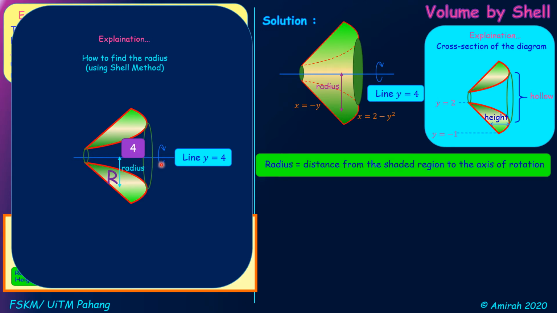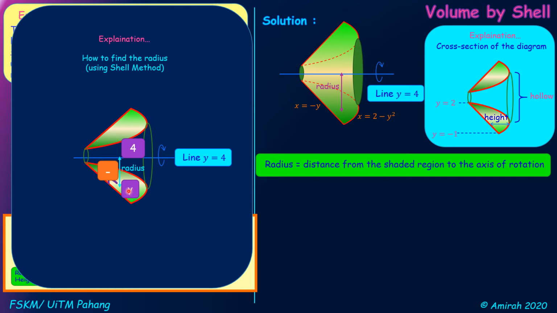Let's write 4 here for the axis of rotation because y equals 4, and let y represent the original shaded region. When we compare, the axis of rotation is on top of the shaded region, so we need to do top minus bottom.